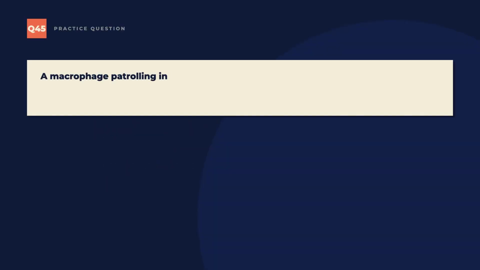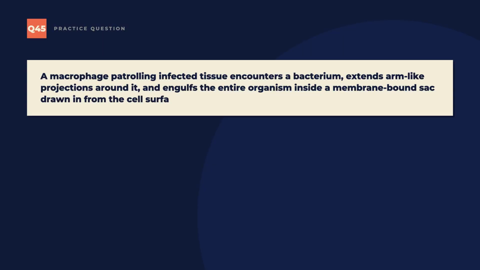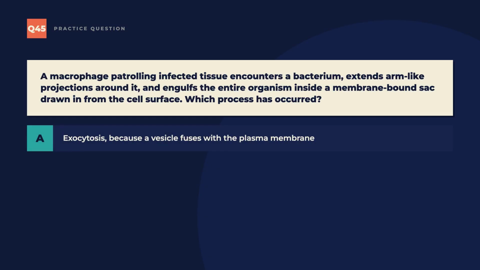Question 45. A macrophage patrolling infected tissue encounters a bacterium, extends arm-like projections around it, and engulfs the entire organism inside a membrane-bound sac drawn in from the cell surface. Which process has occurred? Your options are A. Exocytosis, because a vesicle fuses with the plasma membrane.